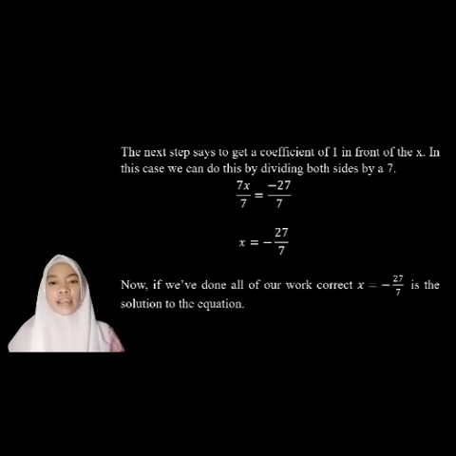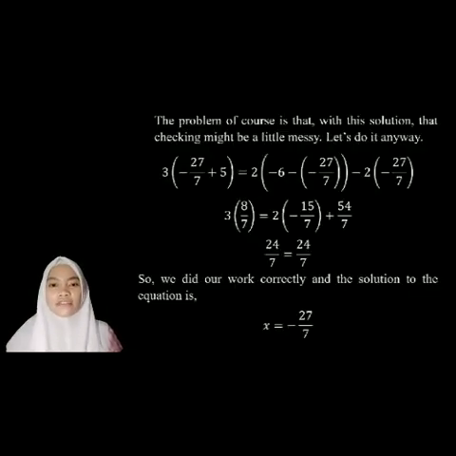Now, if we have done all of our work correctly, x = -27/7 is the solution of the equation. The last and final step is to check the solution. As pointed out in the process outline, we need to check the solution in the original equation.